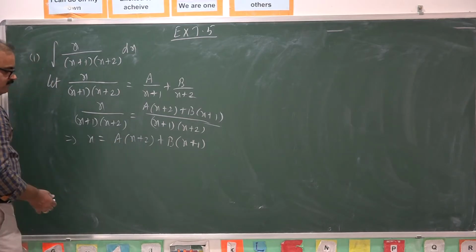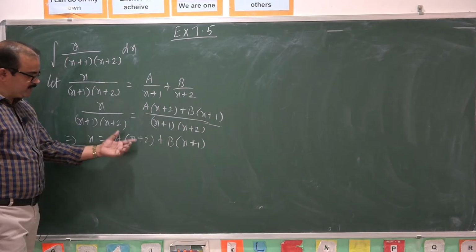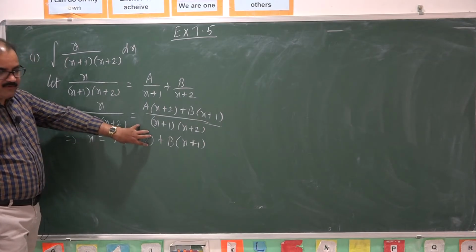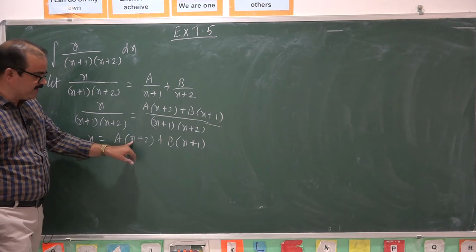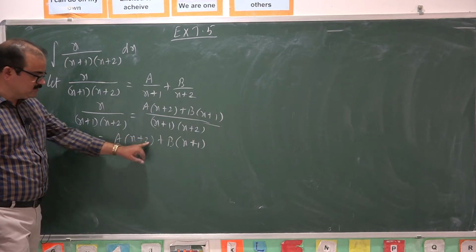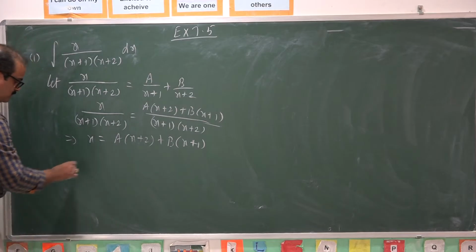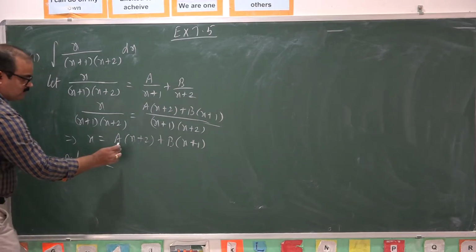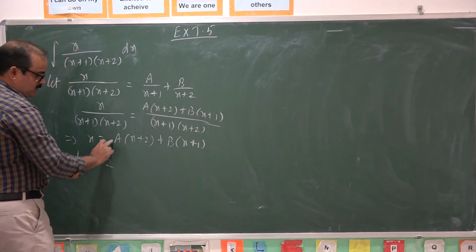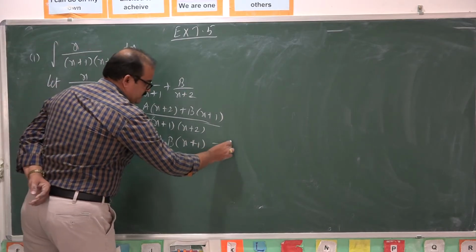Here first we make this term 0. When this term will become 0? If you put x is equal to minus 2, we get 0 here. So you put x is equal to minus 2. Minus 2 plus 2 is 0. Let it be equation 1.